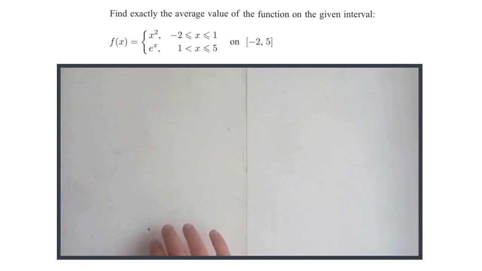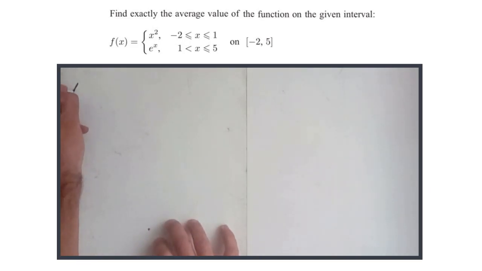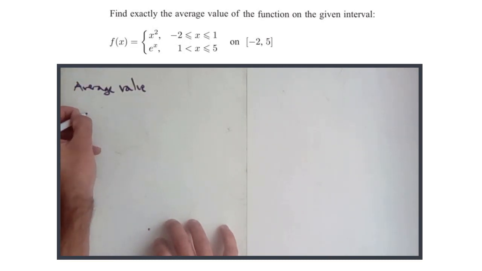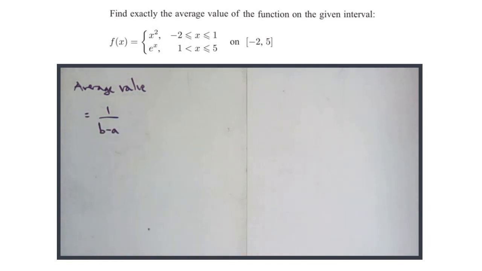So the formula is that the average value equals 1 over b minus a. Remember, b minus a is the width of the interval.